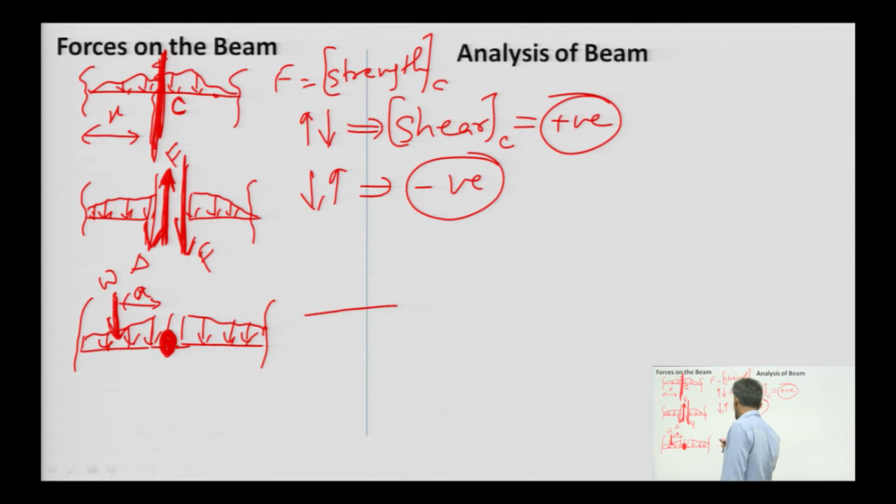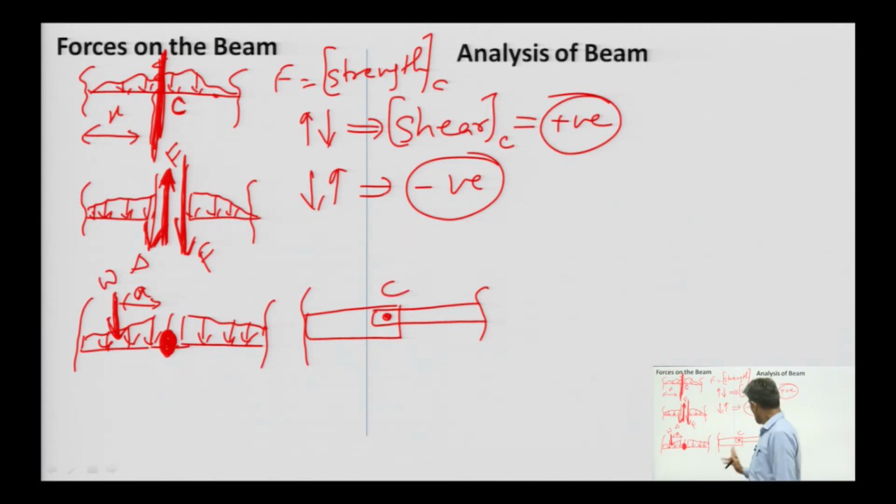What is a hinge? It is this one thing. What we are doing is placing this type of arrangement at the point C. After cutting, I am placing the pin over here.